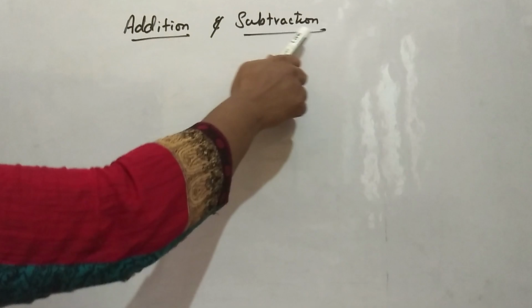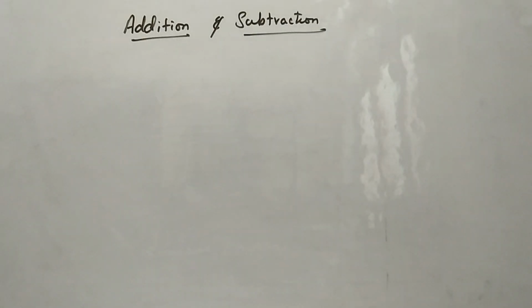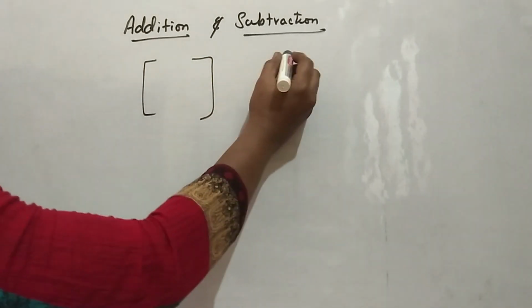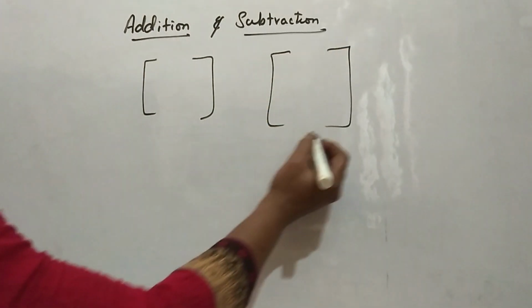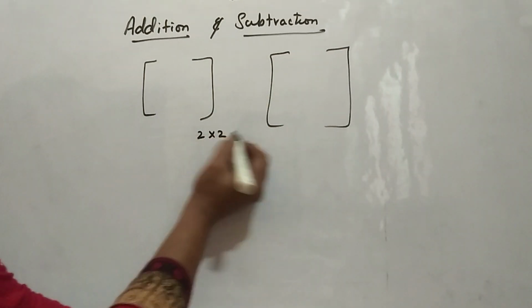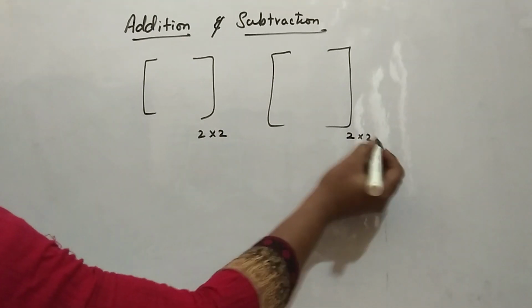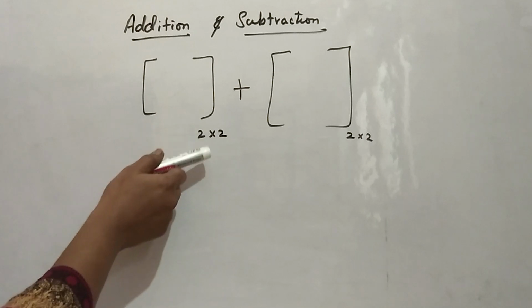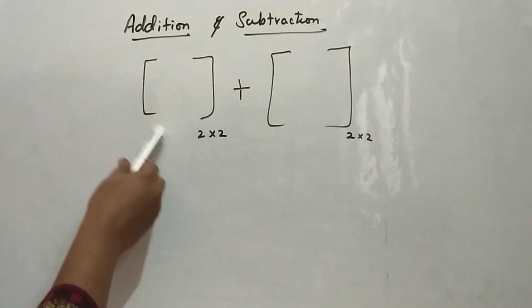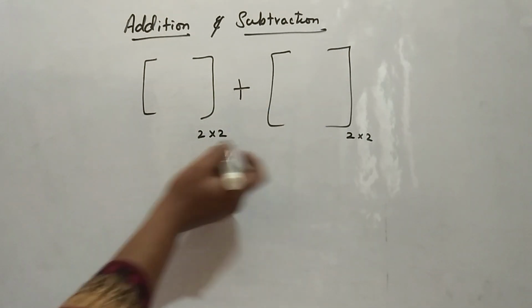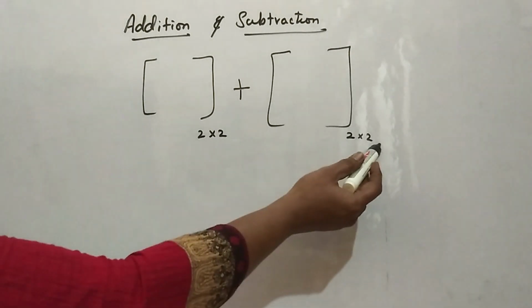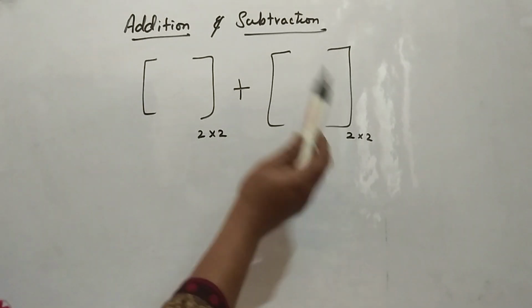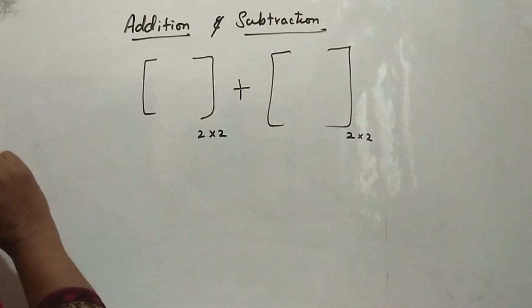For addition and for subtraction, the order of the matrices should be the same. Then we can add it. For adding two matrices, we have to see the order of the matrix. So, the first one is 2 by 2, the second one should be 2 by 2, then we can add it.